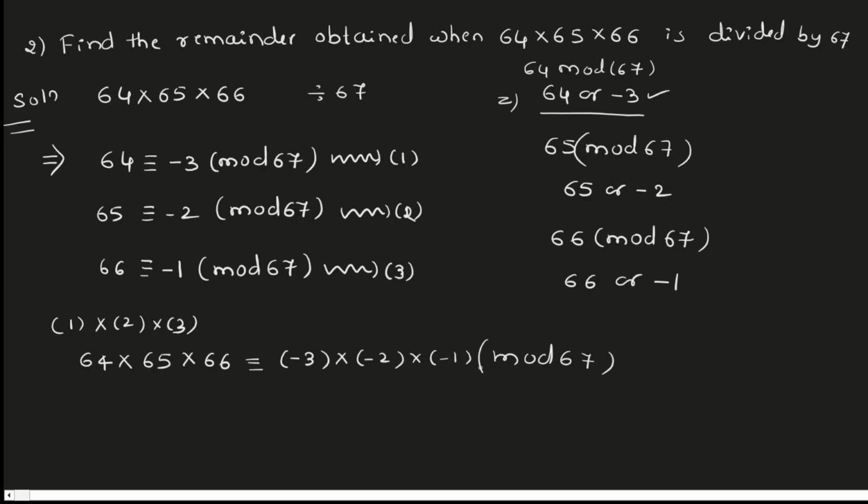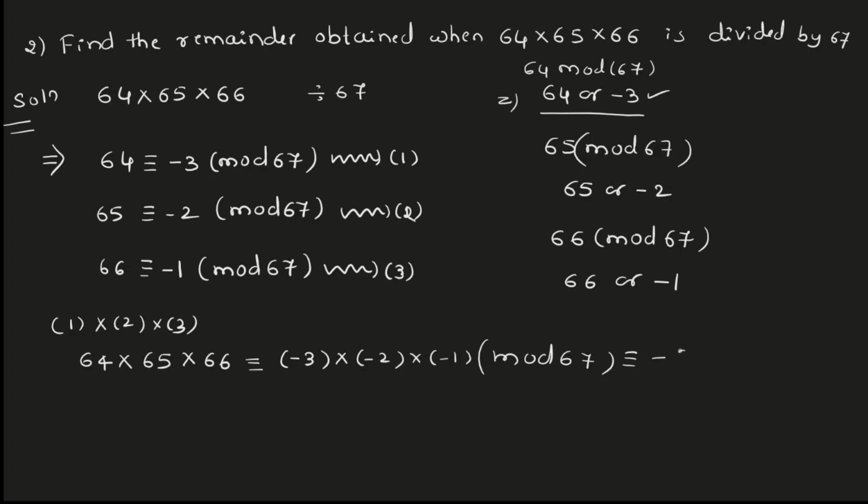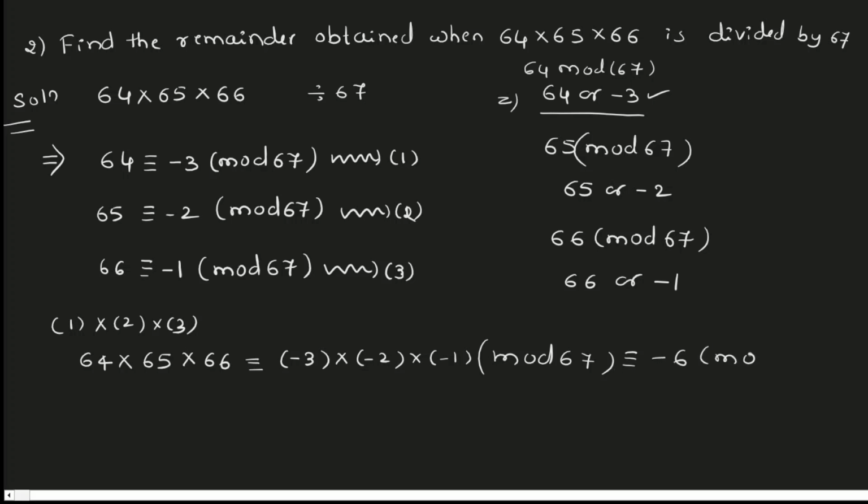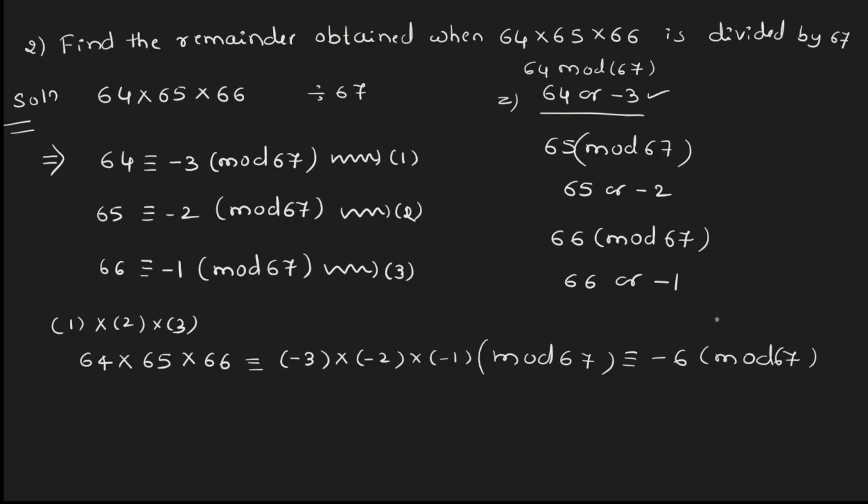This is congruent to minus 6 mod 67. But I hope you remember we don't want this negative remainder at the last. So we need to convert this into a positive term.